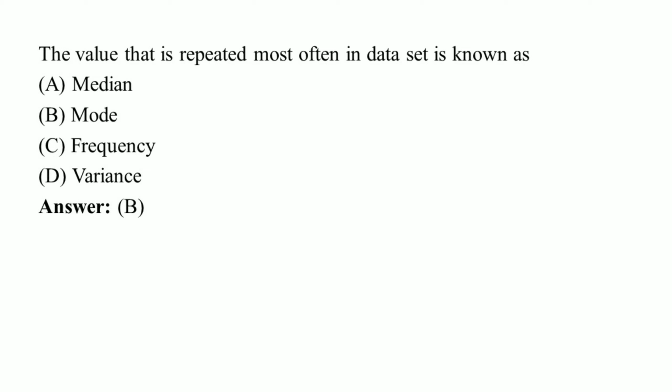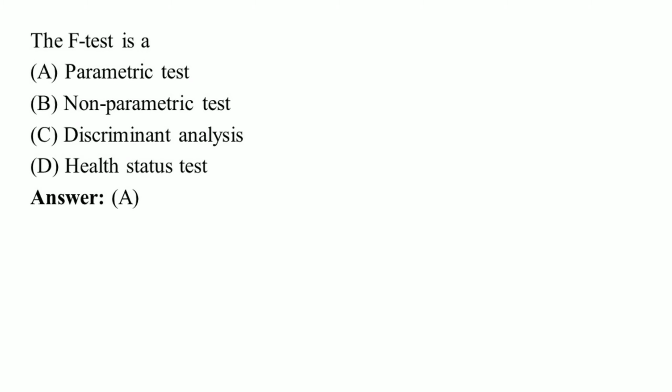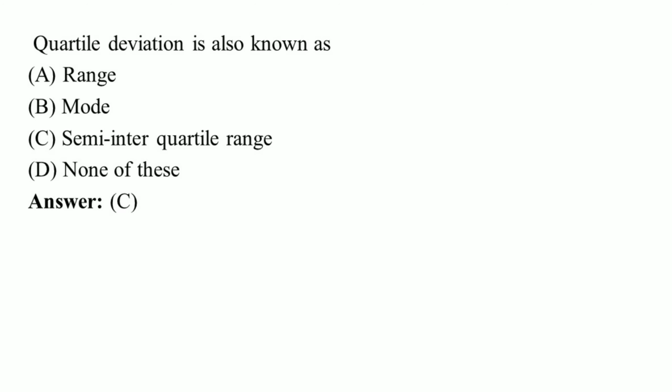Next one, the value that is repeated most often in a data set is known as, right answer option B, mode, which we discussed in our previous video. The F test is a, right answer option A, parametric test. So F test comes under parametric test. The quartile deviation is also known as, right answer option C, semi-interquartile range.